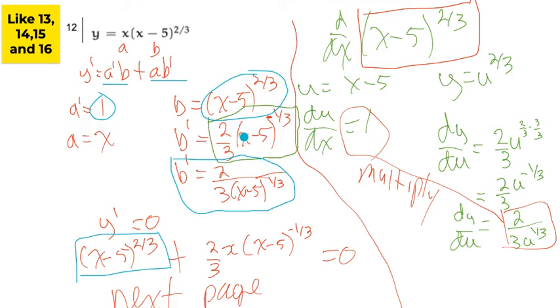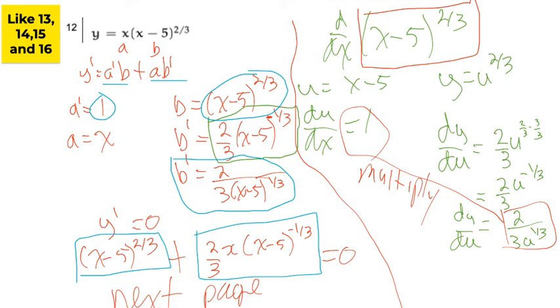When I multiply x by 2/3 x minus 5 to the negative 1/3, remember that I'm going to take that coefficient of 2/3. A lot of people will do x times 2/3 times this. It's not a mistake, but it just doesn't look right, and you're going to have to do more work later. You might as well write it as 2/3 x times x minus 5 to the negative 1/3. So that's your derivative. You're totally done your derivative there, and after that, it's just simplifying. The calculus part of this question is already over.